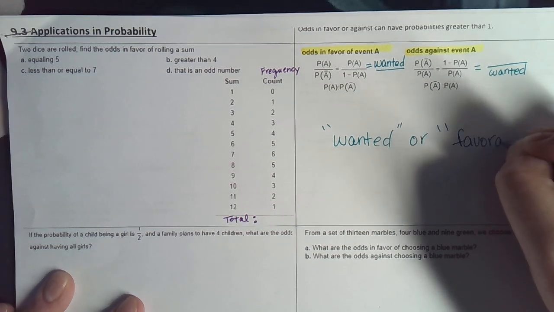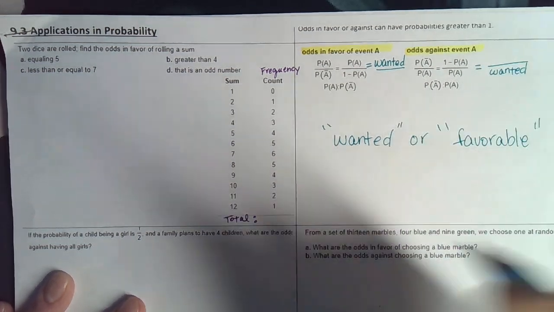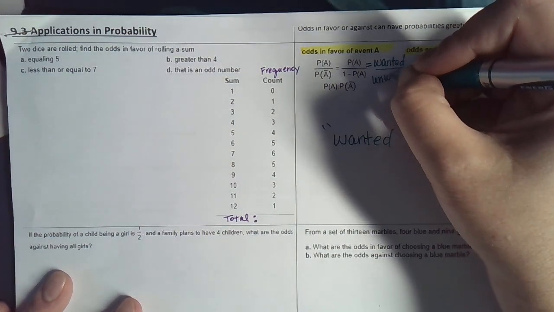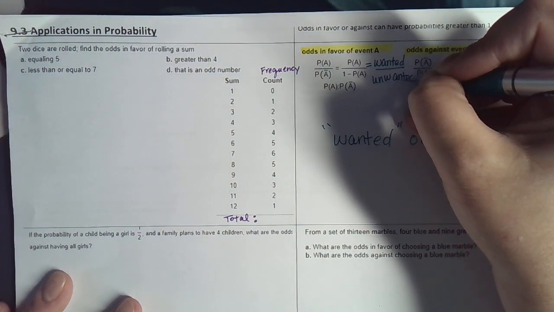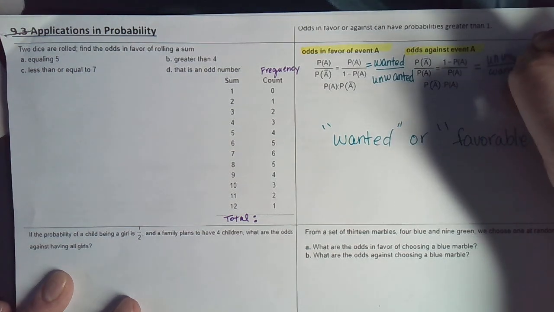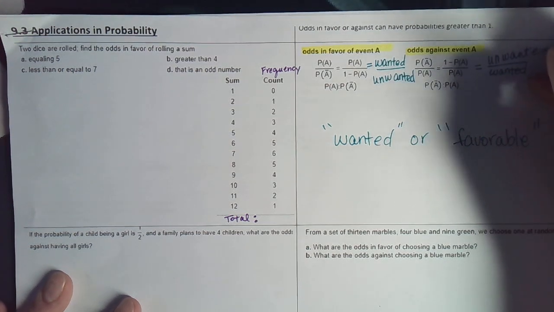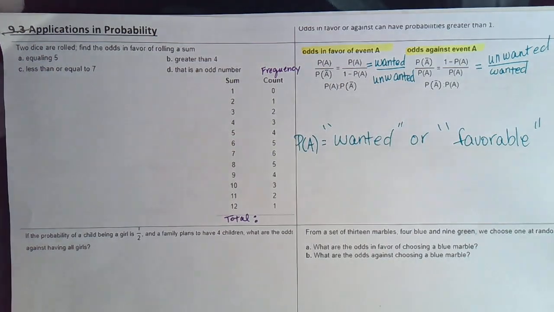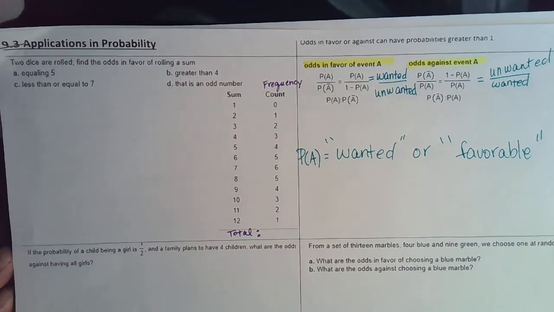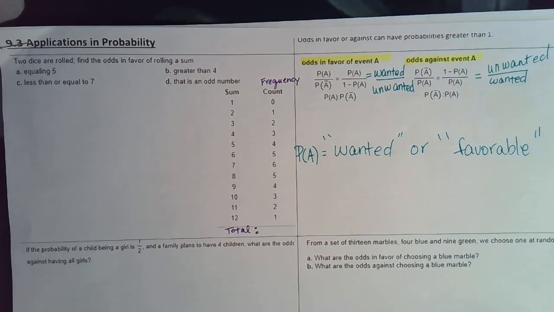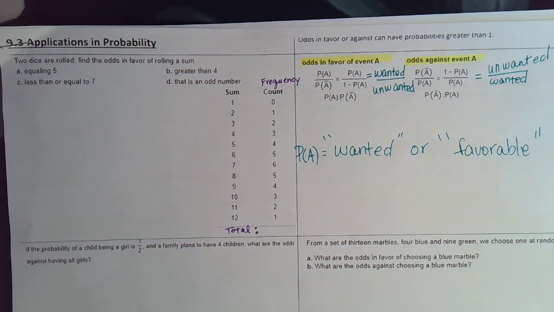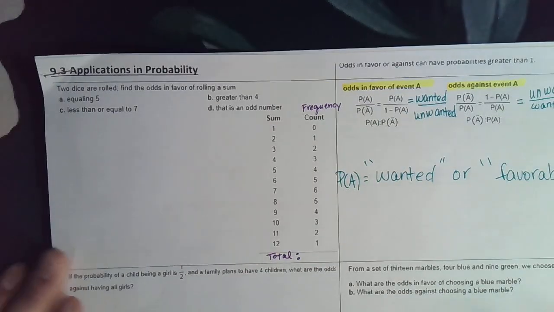The piece of the formula that does not have this wanted is the unwanted or the unfavorable. So that capital P of A means what we're looking for, what we're hoping for, and then the unwanted is what we don't hope for.